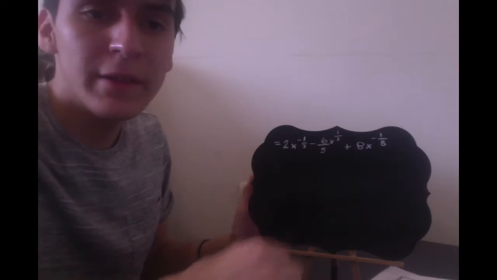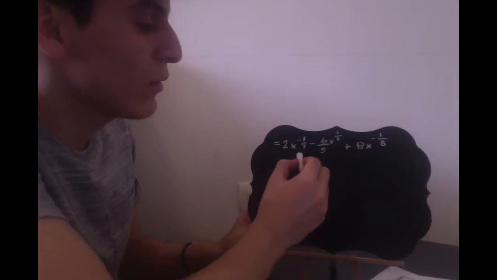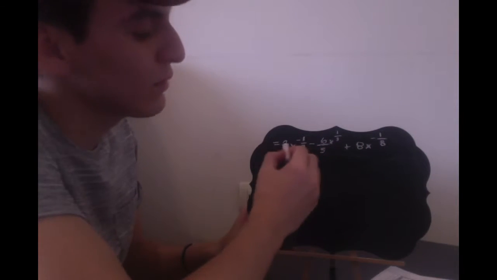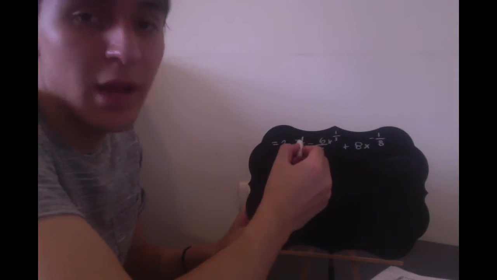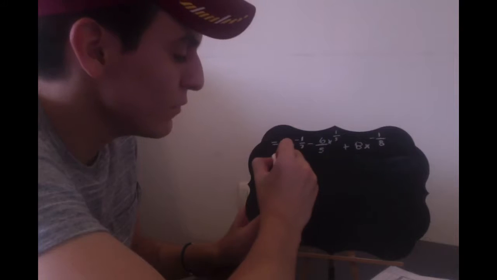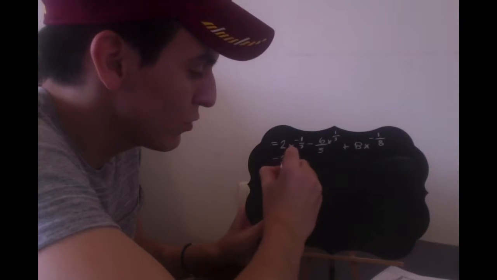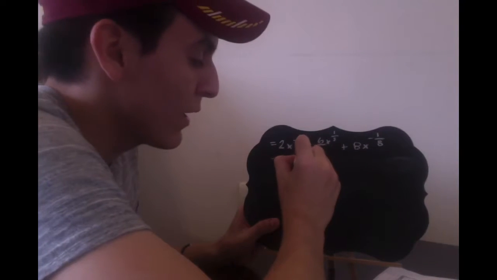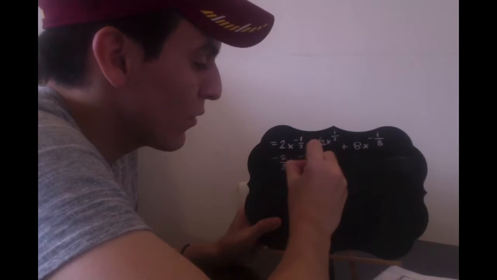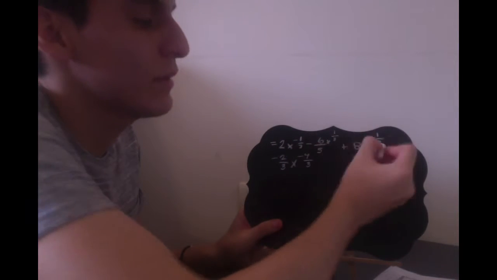So we are applying this law to each term. In this case, we are going to multiply negative 1/3 times 2, and then we are going to subtract 1 from negative 1/3, and this will give us negative 2/3 x to the power of negative 4 over 3, and we're going to do these steps in each term.